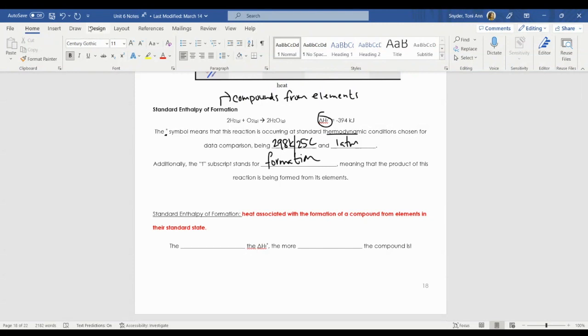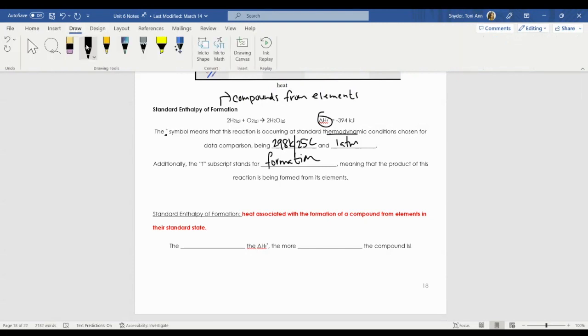And here's something to consider. The lower the enthalpy of formation, the lower the delta H F, the more stable the compound is. So for example, in the process of producing water, this is a very low heat of formation. It's way below 0. So this water molecule is very stable.